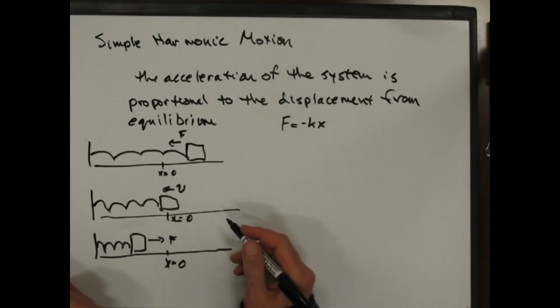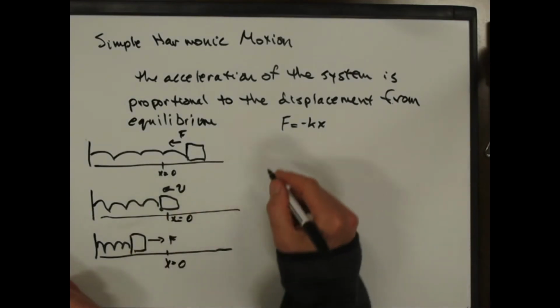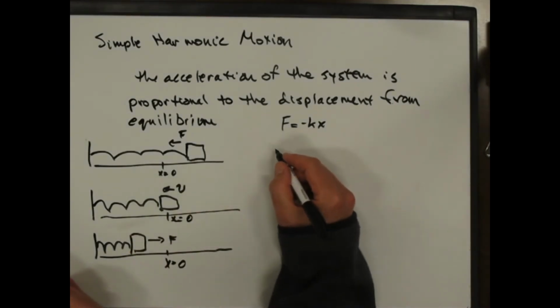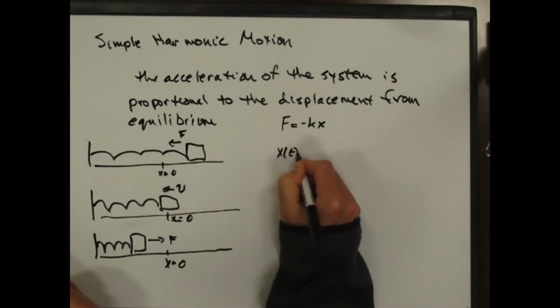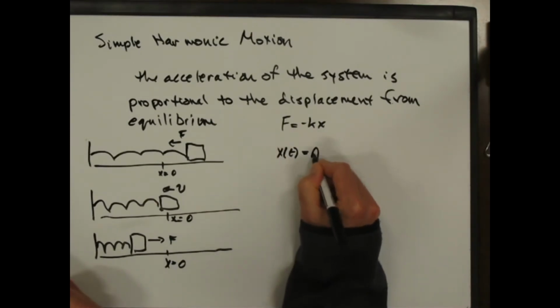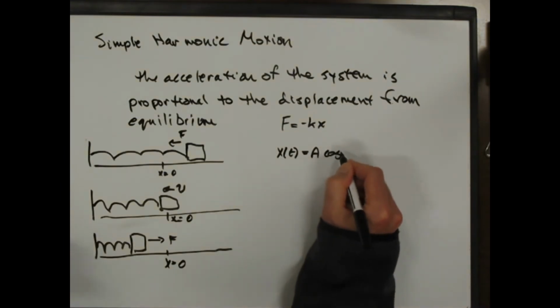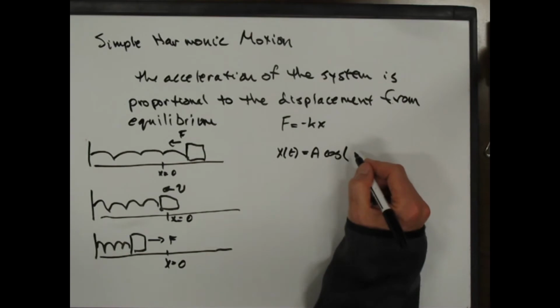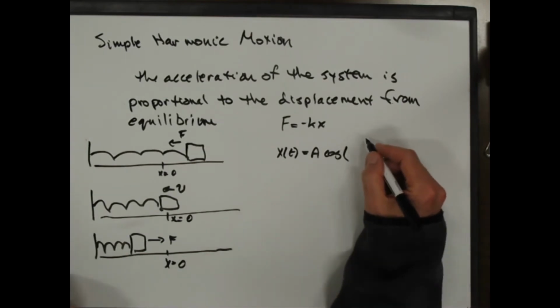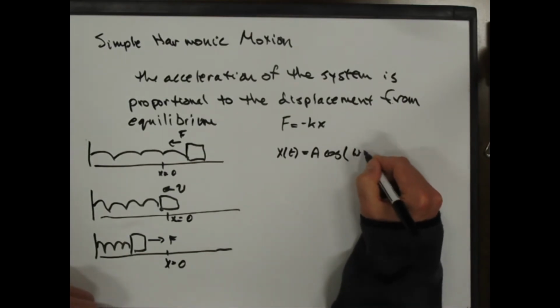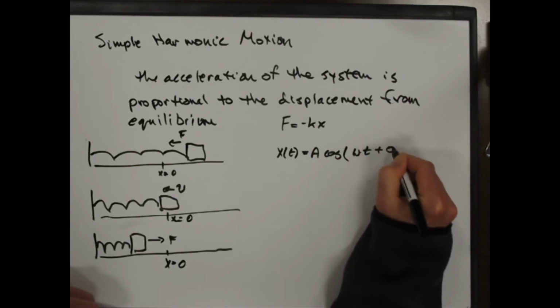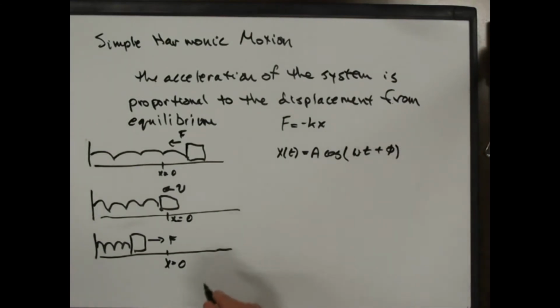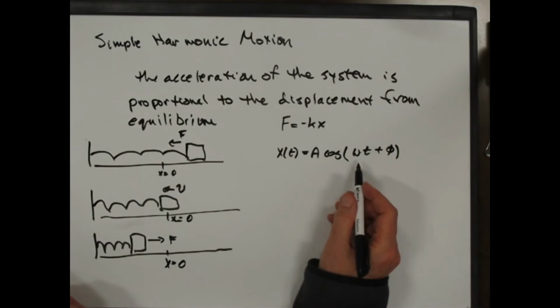It turns out that the motion of an object that does that is given by the equation x equals A cosine of omega t plus phi.